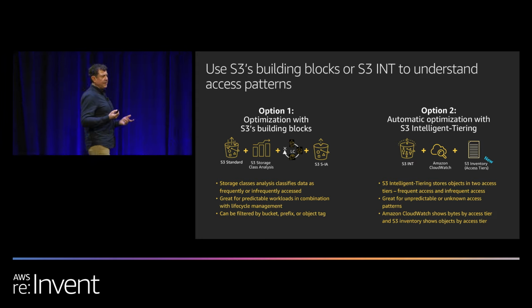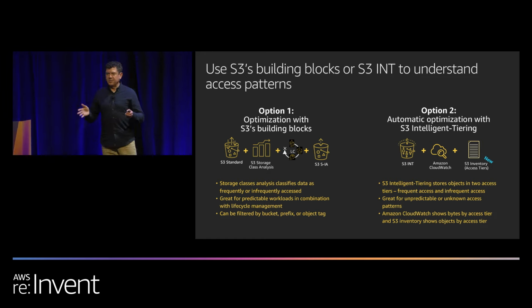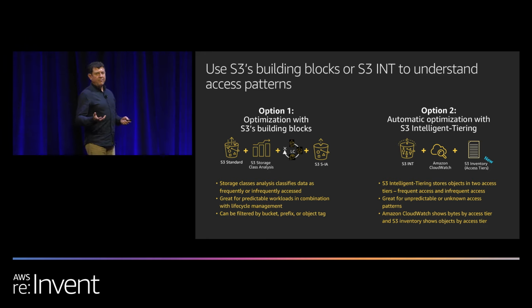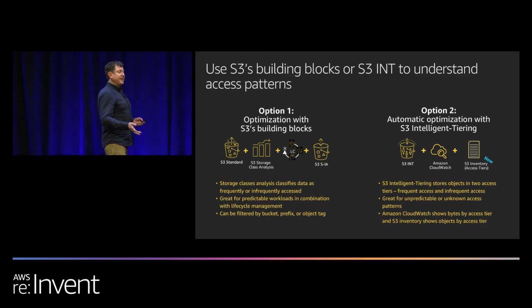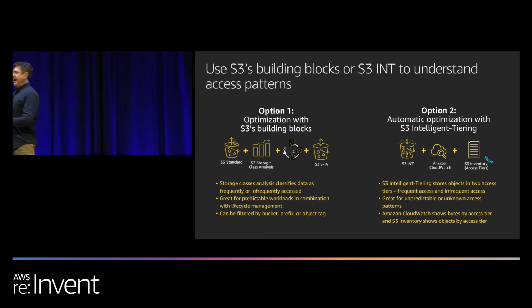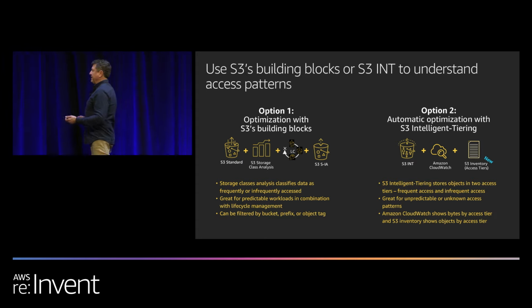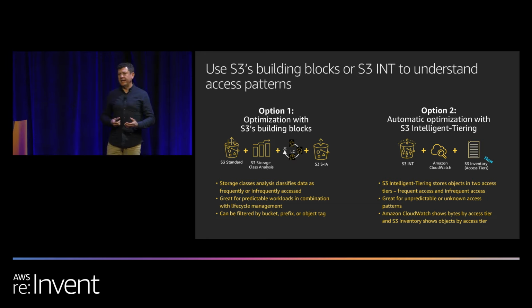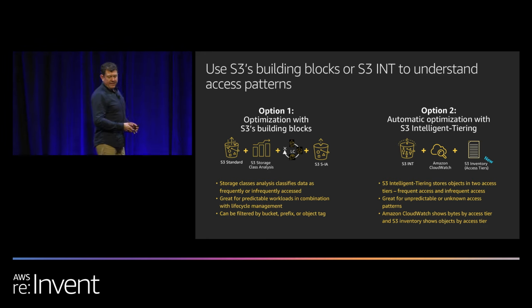The first option is the building block approach with S3 native features. First, you can store your data in S3 Standard. Let's say it's a new workload. Start with S3 Standard, store your data in there for 30 to 45 days, and turn on storage class analysis. Ruby mentioned this earlier. Storage class analysis is a tool that will run across your bucket, monitor the access patterns of the objects in that bucket, and then give you a report letting you know how frequently the objects are being accessed, so that you can intelligently configure lifecycle policies with data.